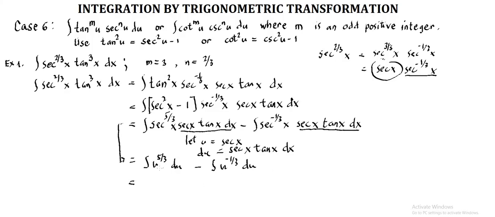So, pag nag-integrate tayo, we add 1 to the exponent by power rule. So, we will have u raised to 8 over 3 divided by 8 over 3 or times 3 over 8, and then minus u raised to negative 1/3 plus 1 ay 2/3, and then divided by 2/3 or times 3 over 2, and then plus c.